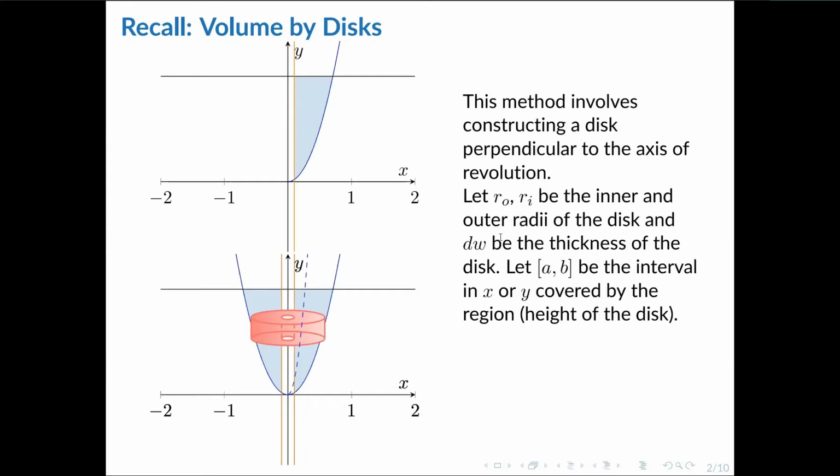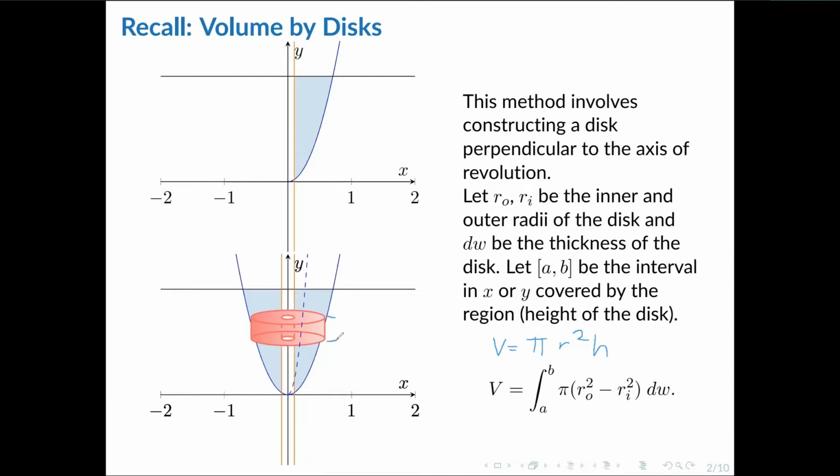And let the interval AB be the interval in X or Y covered by the region or the height of the disk. So the volume can be expressed as the integral of pi, the outer radius squared, minus the inner radius squared multiplied by dW from A to B. So kung naaalala nyo, yung volume ng isang cylinder can be written as pi r squared h, where h is the height of the disk.